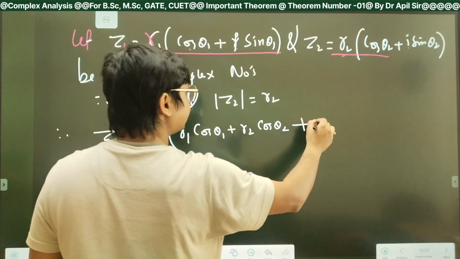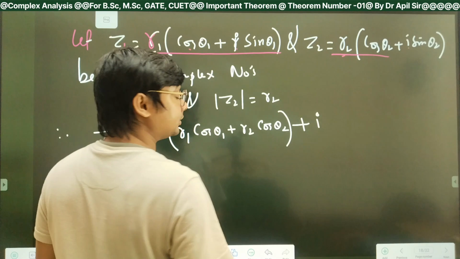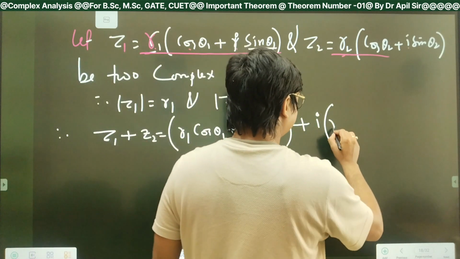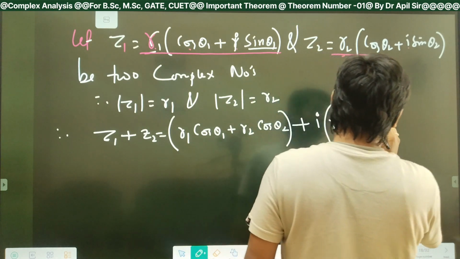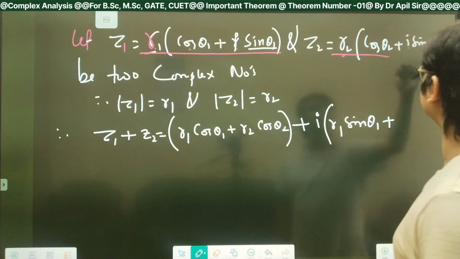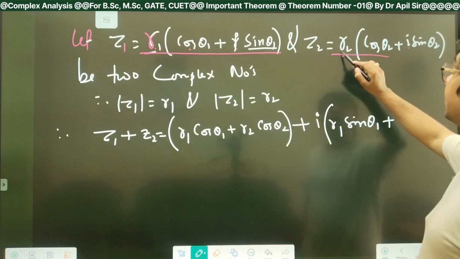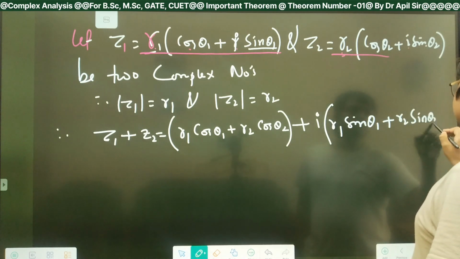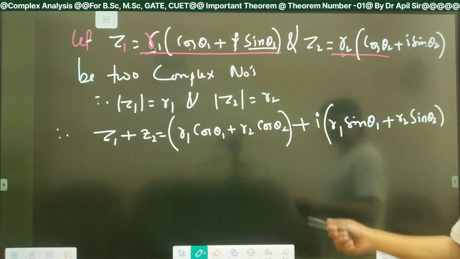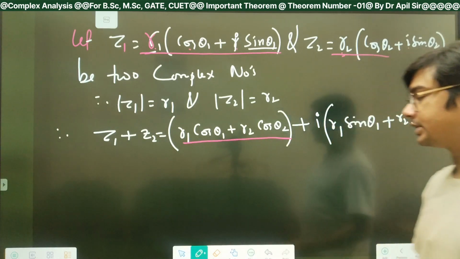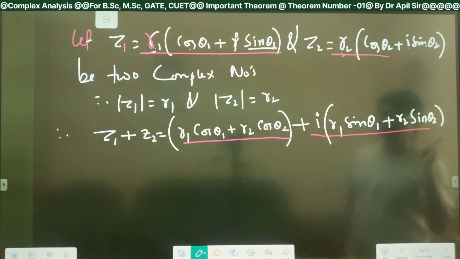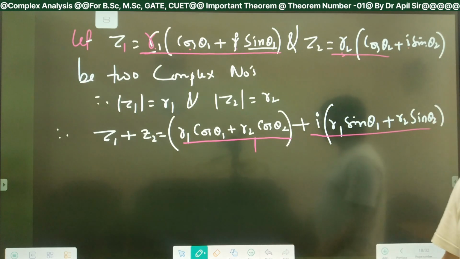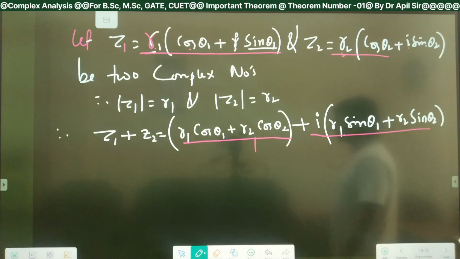If we take i common, we get R1 sin theta 1 plus R2 sin theta 2. So this is our Z1 plus Z2, a complex number with a real part and an imaginary part, right?